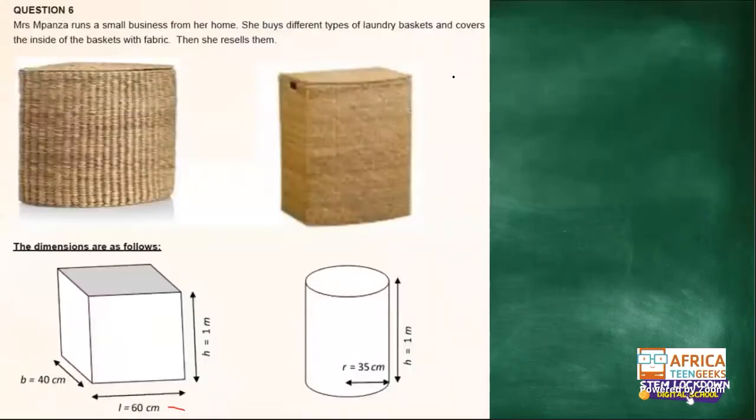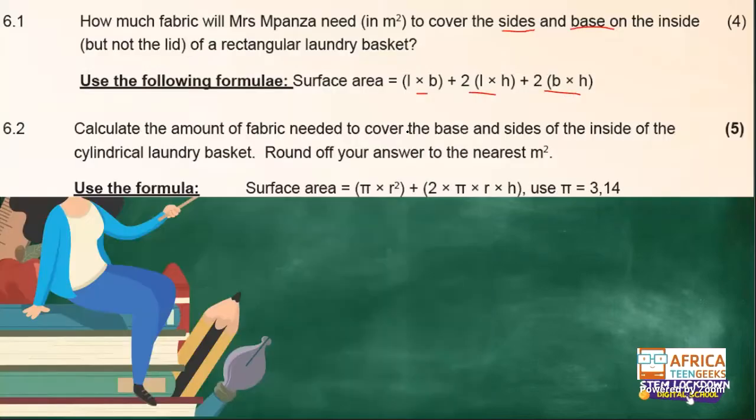Now let's look at the dimensions. Height is 1 meter, the length is 60 centimeters, and the breadth is 40 centimeters. So the breadth is 40 centimeters.